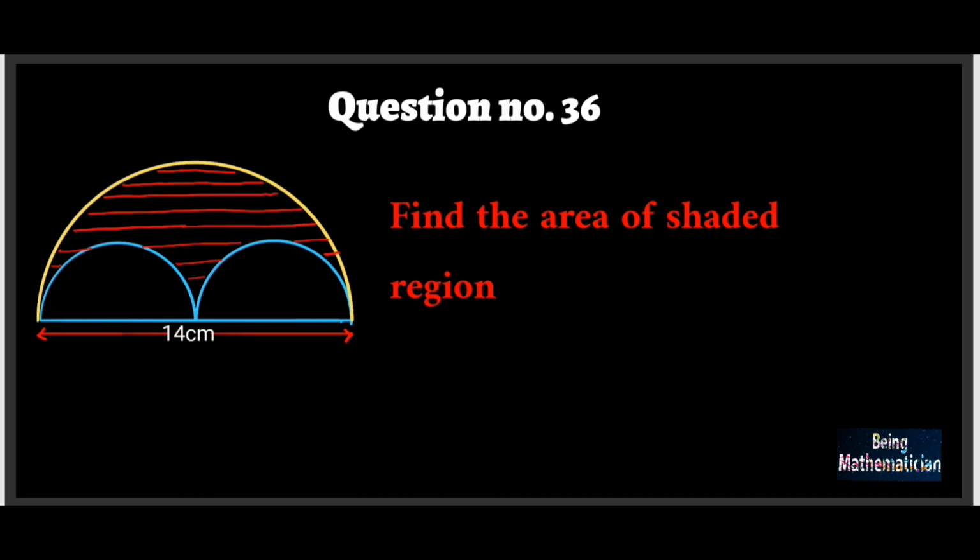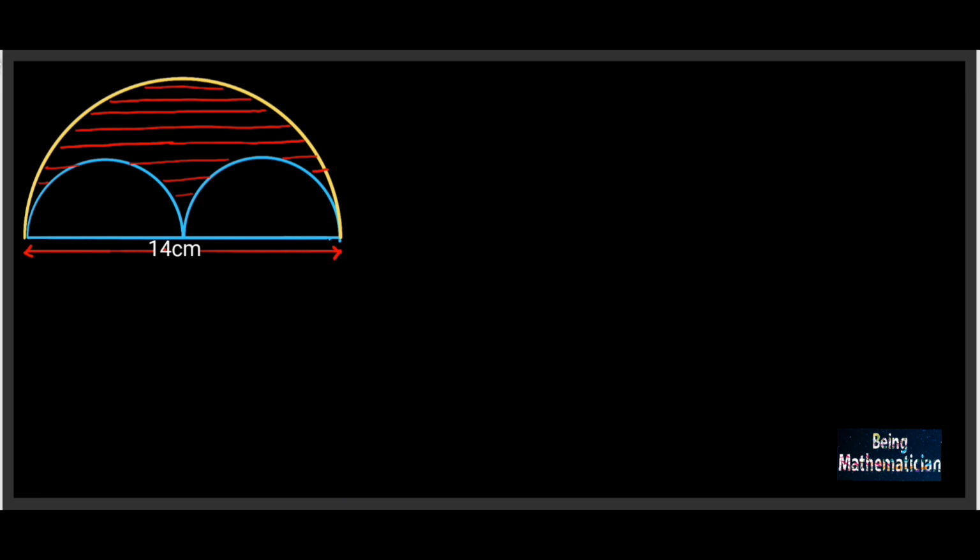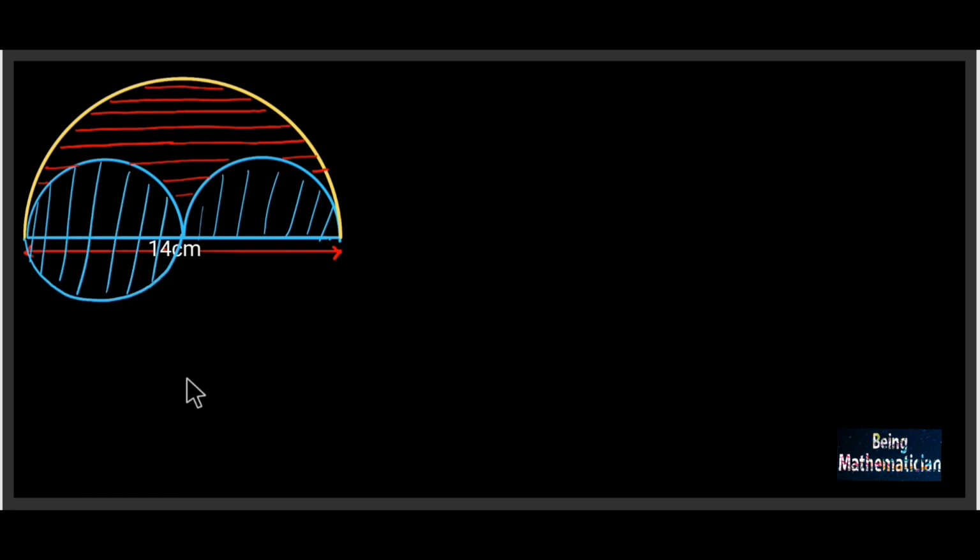Question number 36. At first, if we transform this semicircle in here like this, then we get a full circle of radius 14 by 4, and it is 7 by 2 centimeter.